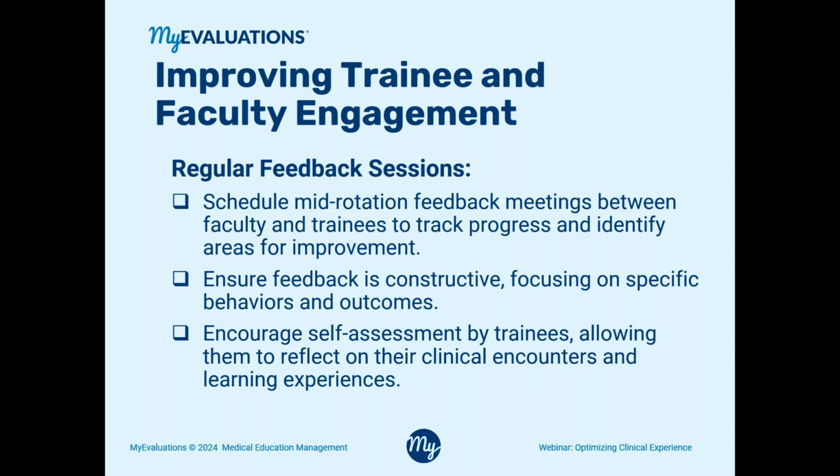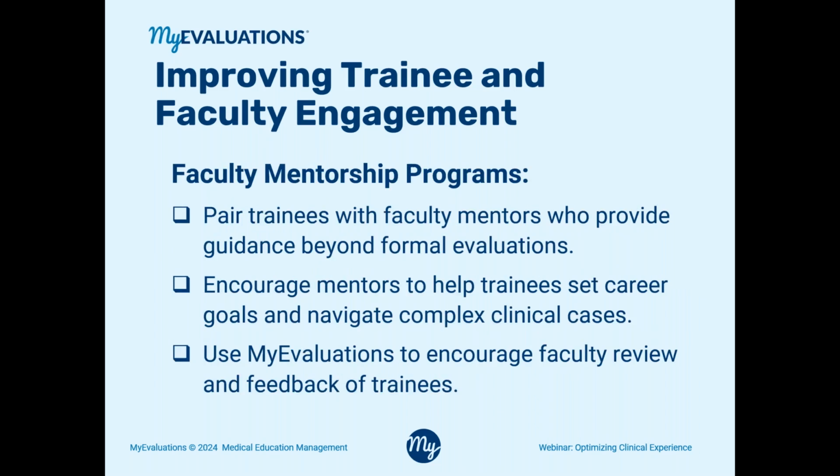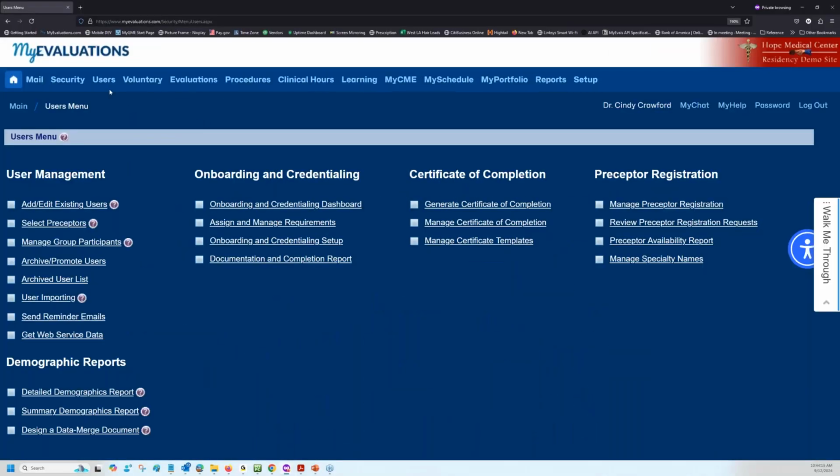Now, this regular feedback session also ties into the next topic that has to do with faculty mentorship. It's very important with many programs that you offer that mentorship opportunity. Through MyEvaluations, from the menu option users, you have an option here for select preceptors.